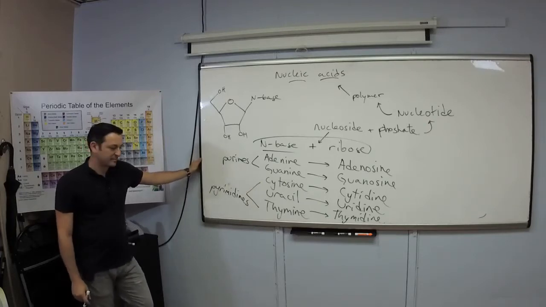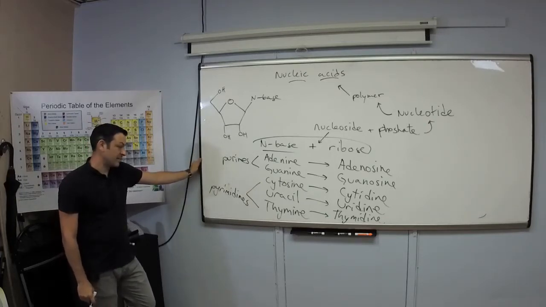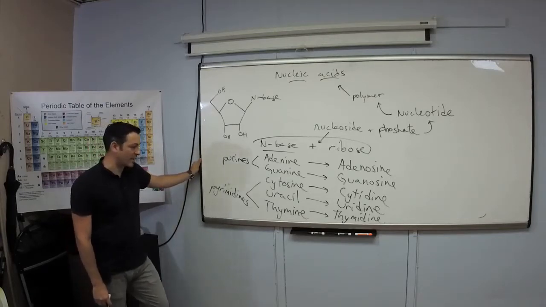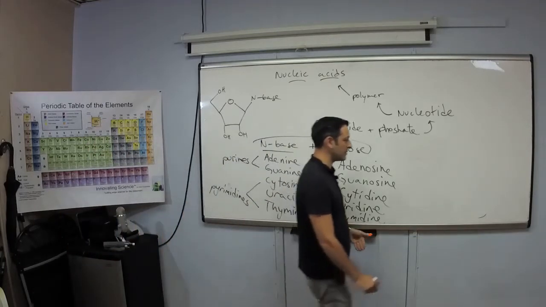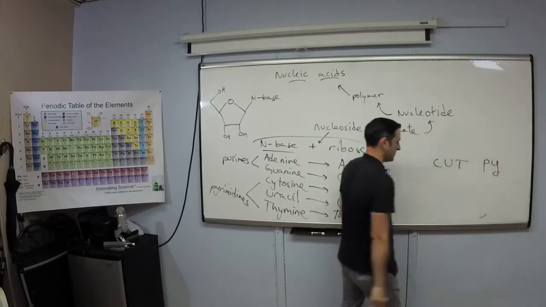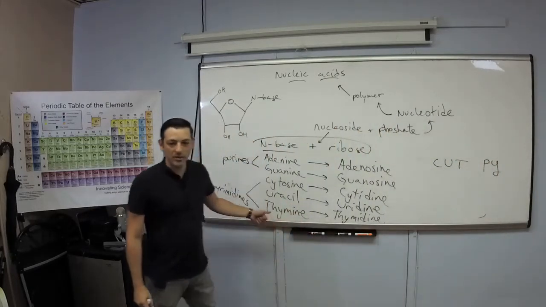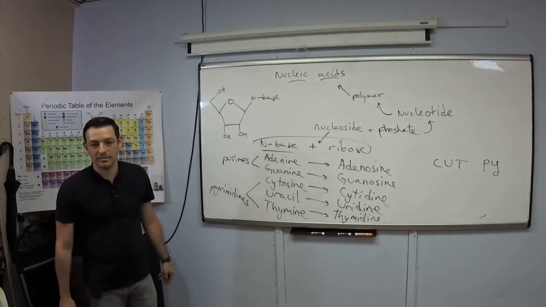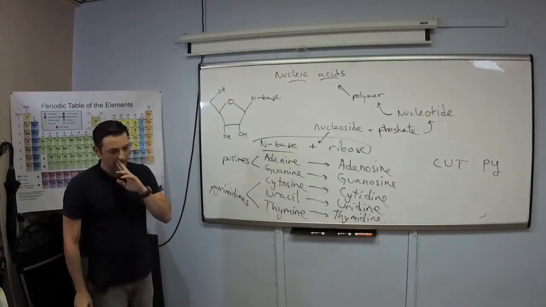Pyrimidines. In case you're confused and need some way to remember it, remember "cut the pie." C, U, T are pyrimidines. It gets a little better.